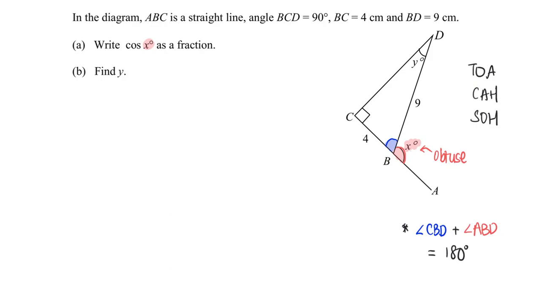Okay, so for part A, the cosine of the obtuse angle is equal to the negative of the cosine of the acute angle. In this case, it is CBD, the blue angle.